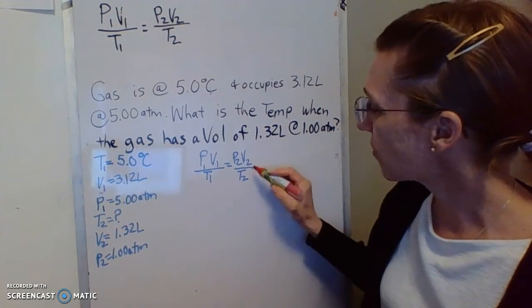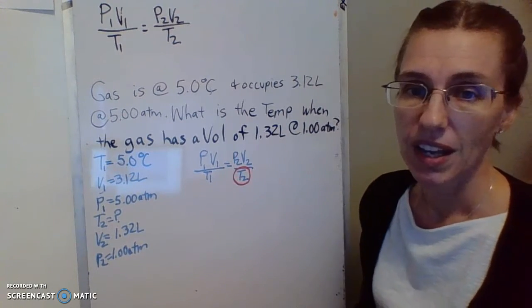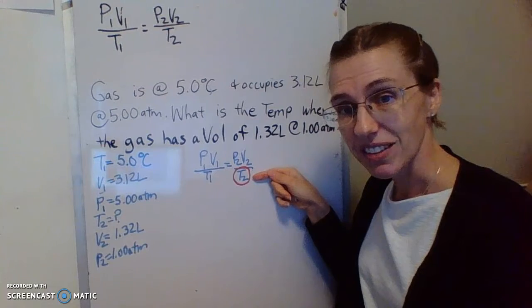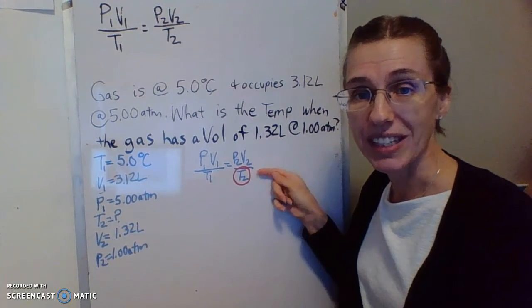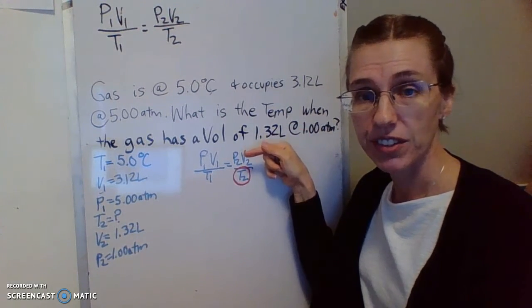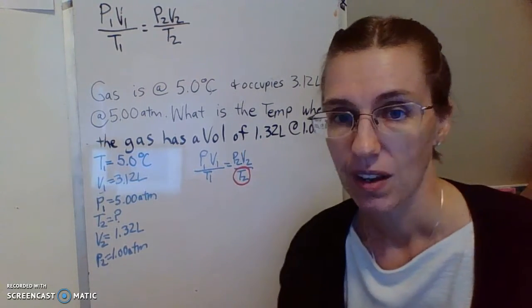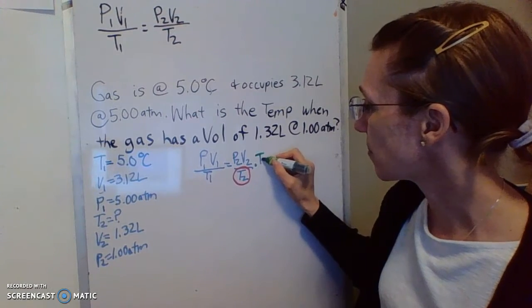So we need to solve this algebra problem for T2. Now we have a little bit of an issue here. T2 is in the denominator. We cannot solve for it when it's in the denominator. We need to get it to the numerator first. So how are we going to get that guy to the numerator? Well, we're going to multiply both sides by T2. That's going to get it up to the top.